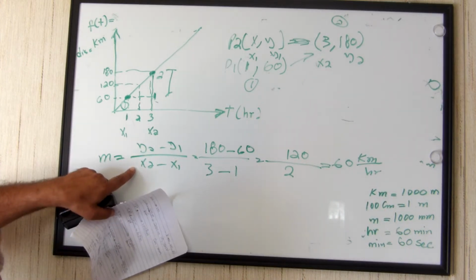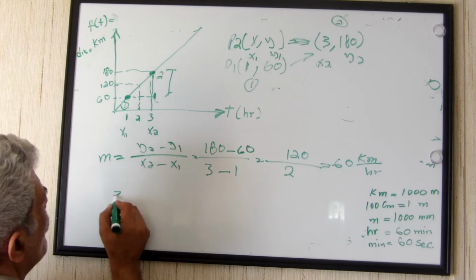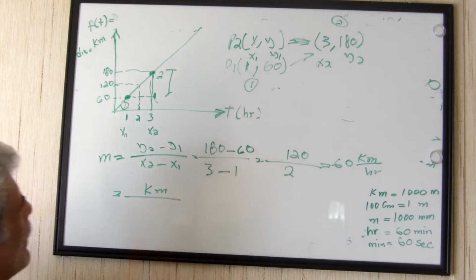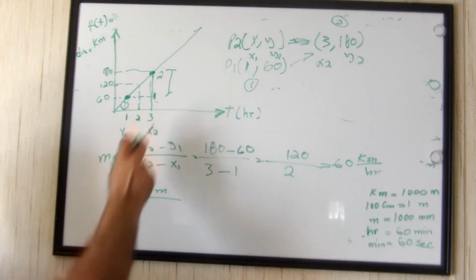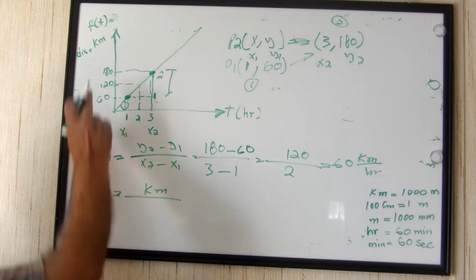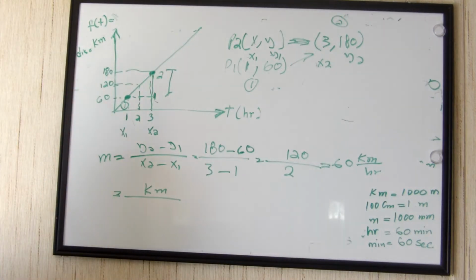See the unit of this one. Why did we get 180? It is the kilometer. At the third hour, the distance has been 180 kilometers. It's gone 180 kilometers, for example from here to Nevada, a city just next to it.